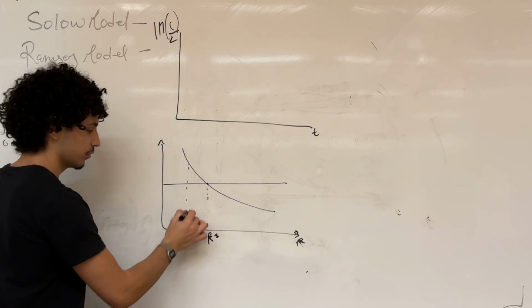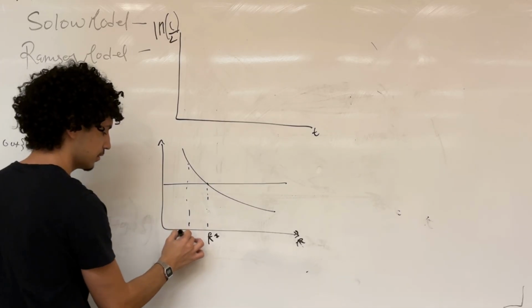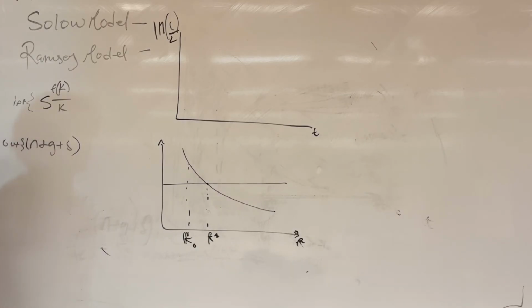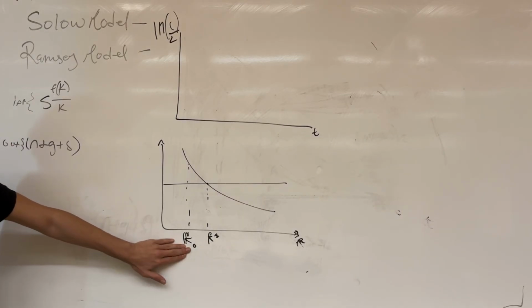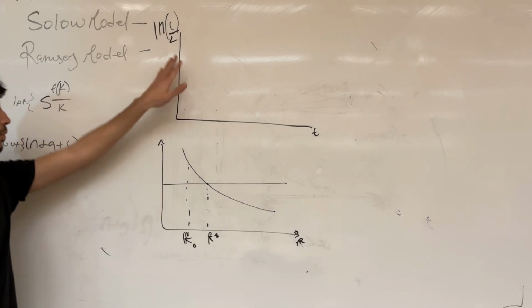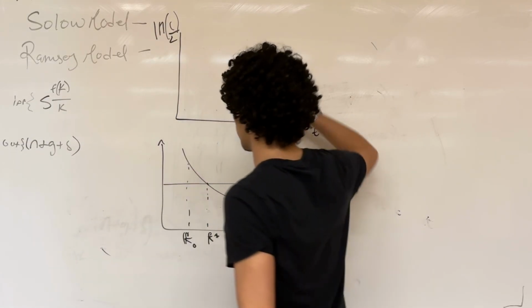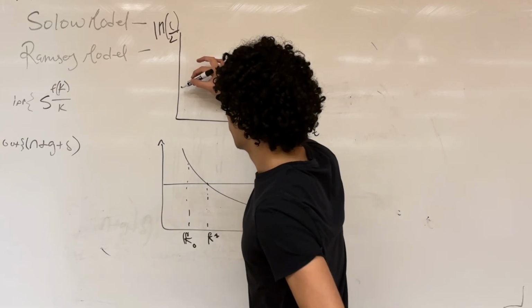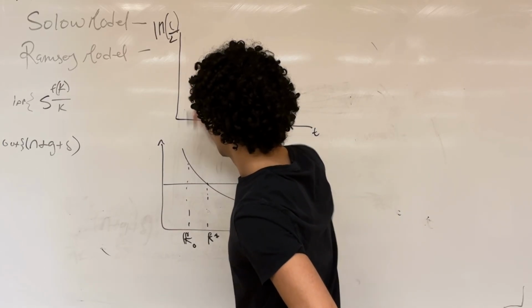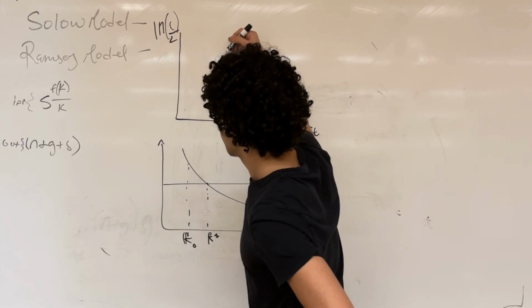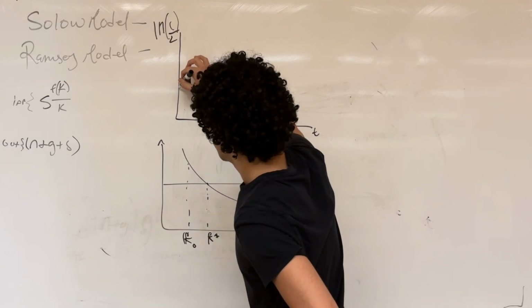So, at this point in time, where a country is below its steady state, K0, what does this look like on a log C over L time graph? It looks like this. So right now we're growing in capital in time.